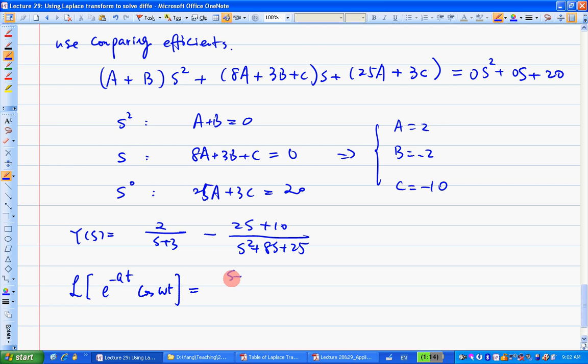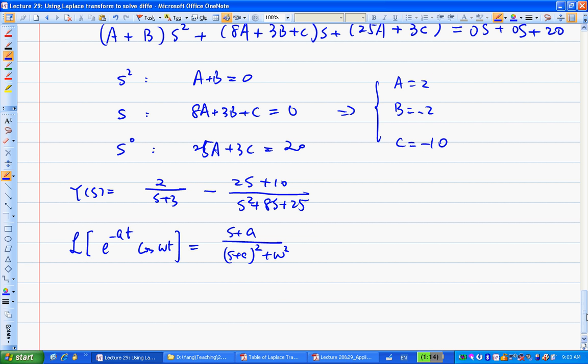Laplace of this one is (s plus a) over (s plus a) squared plus omega squared. So I'm trying to basically match with this one. So this is what's going to happen here.